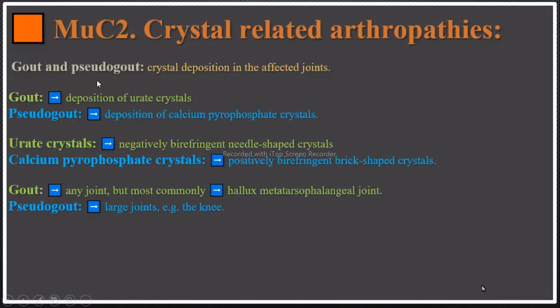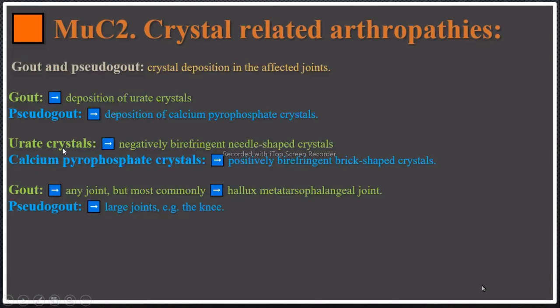So gout and pseudogout in the scenario, they can ask you in different ways. Gout is deposition of urate crystals. Pseudogout is deposition of calcium pyrophosphate crystals.